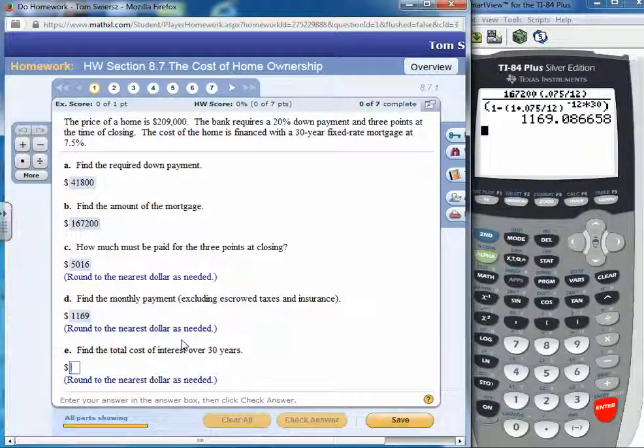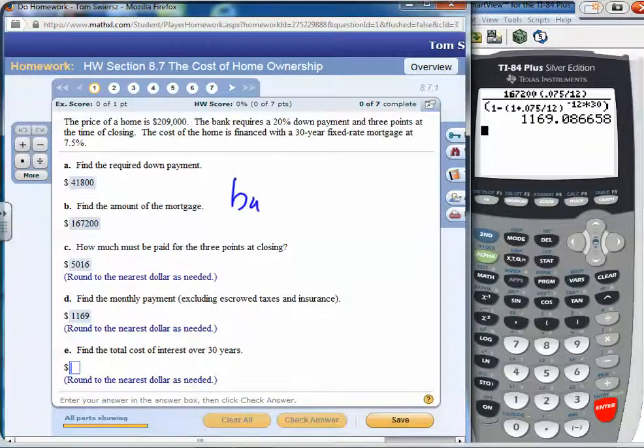Now, you can also find the monthly payment by using bankrate.com. Okay? So let's open a new web page. Go to bankrate.com. What we need there is the amount of the mortgage, the rate, and the years. The amount of the mortgage is $167,200.